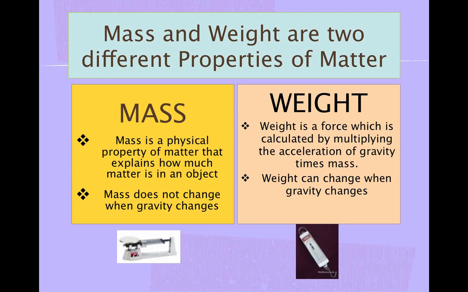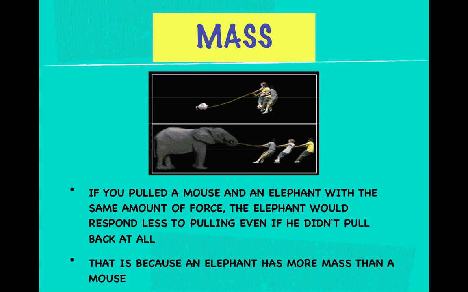Your weight changes depending on your altitude even, because as you go farther up, there's less pull from the center of the Earth. If you go to different planets where there's different gravitational pulls, mass doesn't change. It is constant, forever. Weight is fluctuating based on gravity's pull.